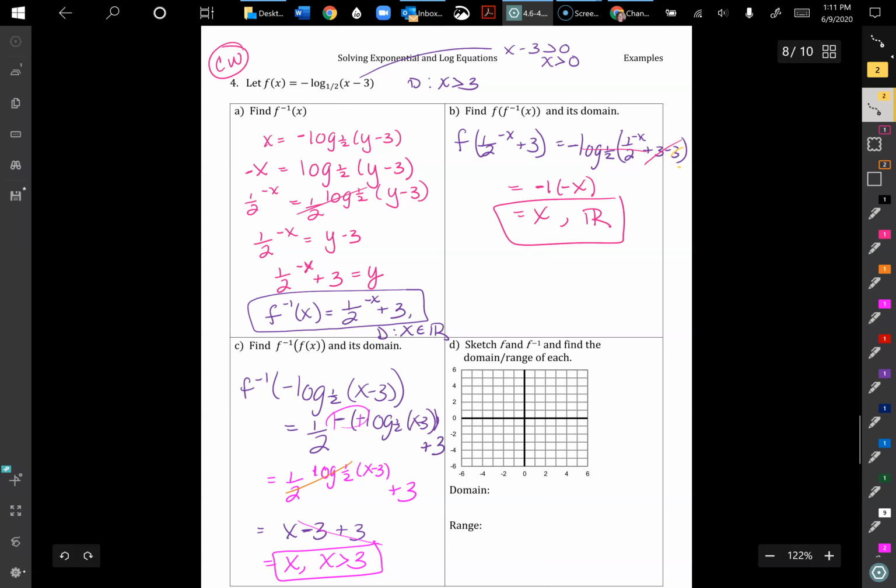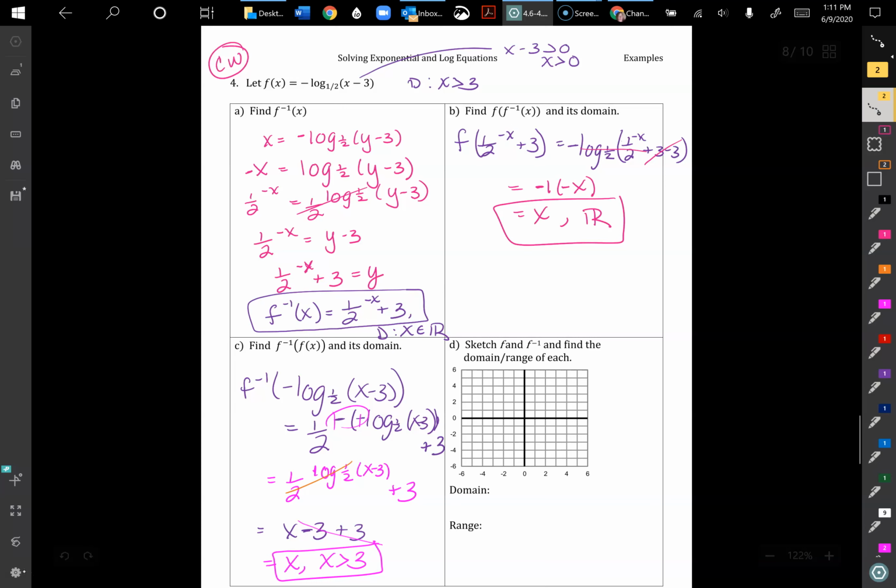So that was with the original over here. Then I simplify this. 3 minus 3 is 0. Then I have this situation happening. That's my coefficient, the negative 1. And then the log base half of half is just negative x. So I get a positive x. And my domain is all real numbers. Go by what the inner function is. So we had established that earlier here.